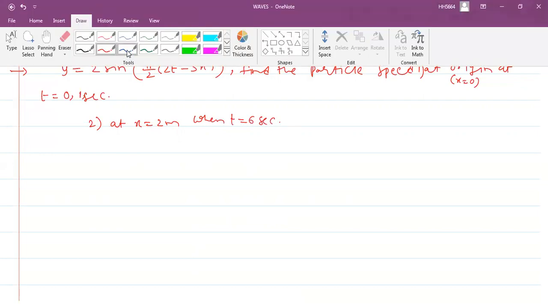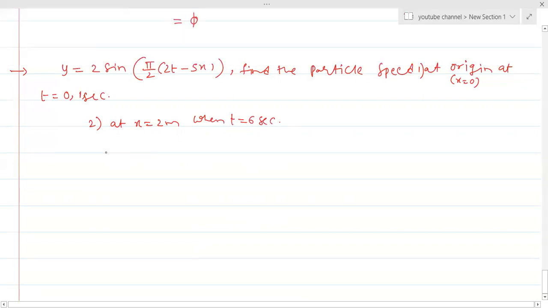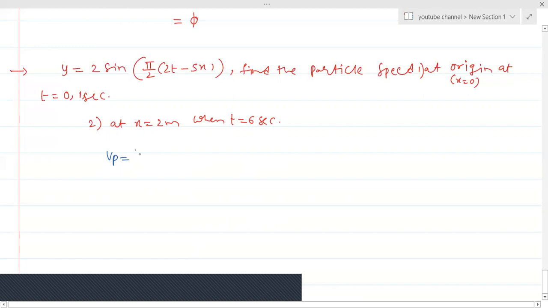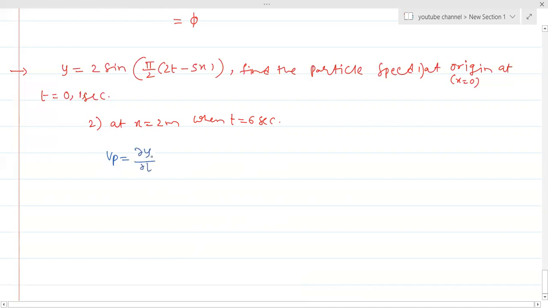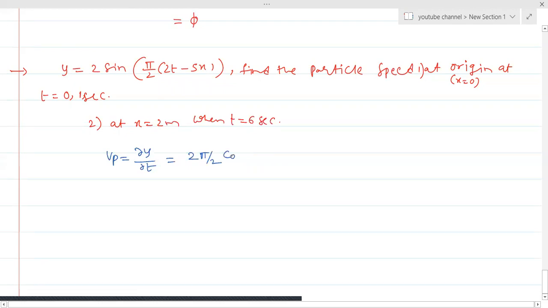So in that case, first we need to think of particle velocity. So here you need to be very careful regarding the particle velocity and as well as wave velocity. Both are different. So particle velocity is nothing but we will take dou y by dou t. So that equivalent to, we will get 2 into pi by 2 into, instead of sine we are having cos, 2 into pi by 2 into 2.